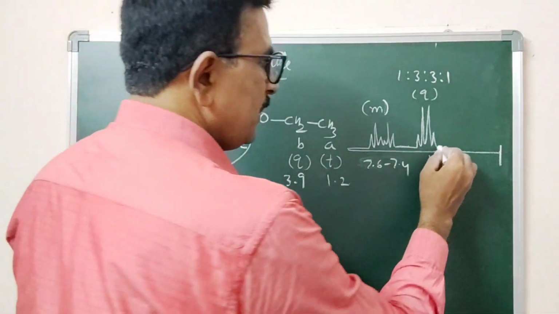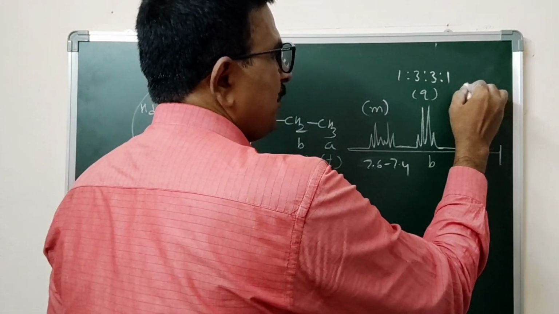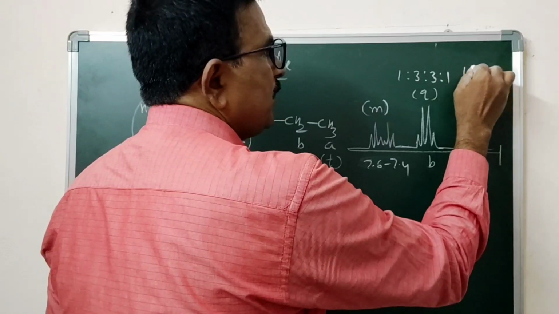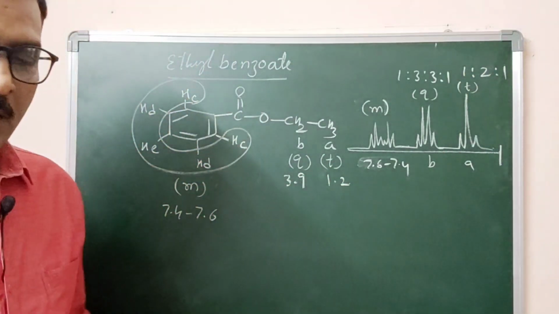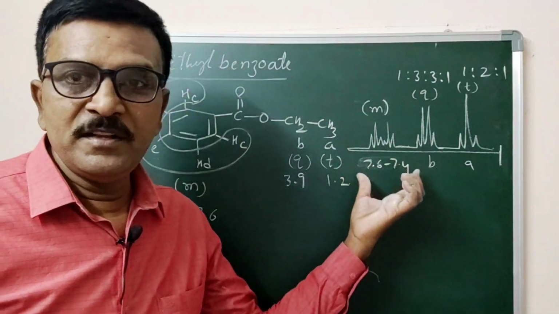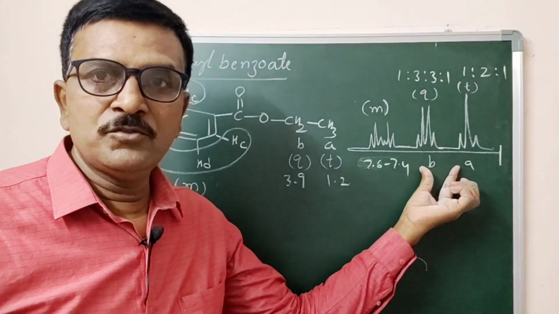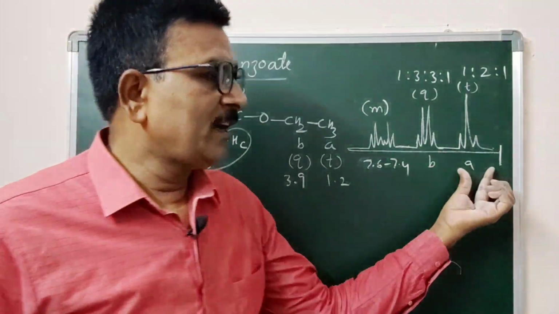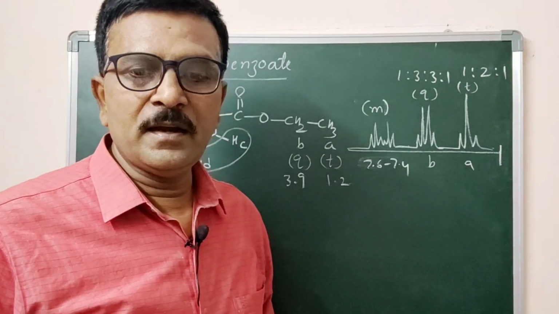For A proton, it is a triplet with 1:2:1 intensity. This is the NMR spectrum of ethyl benzoate. One multiplet for the aromatic hydrogens, a quartet for CH2 in the ethyl group, a triplet for CH3 again in the ethyl group. Is it clear?